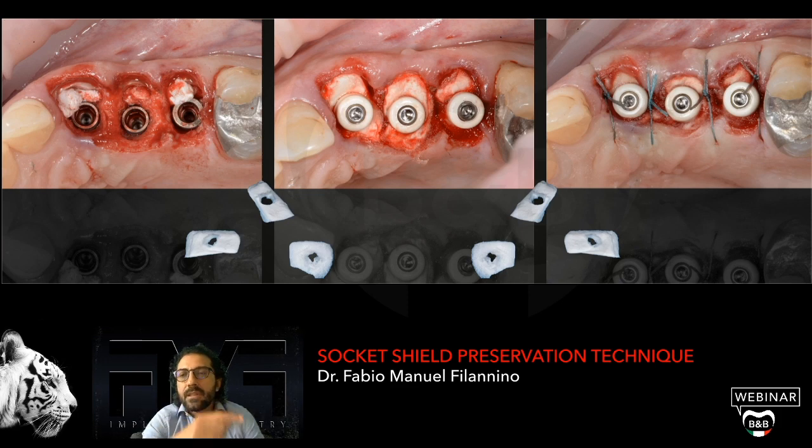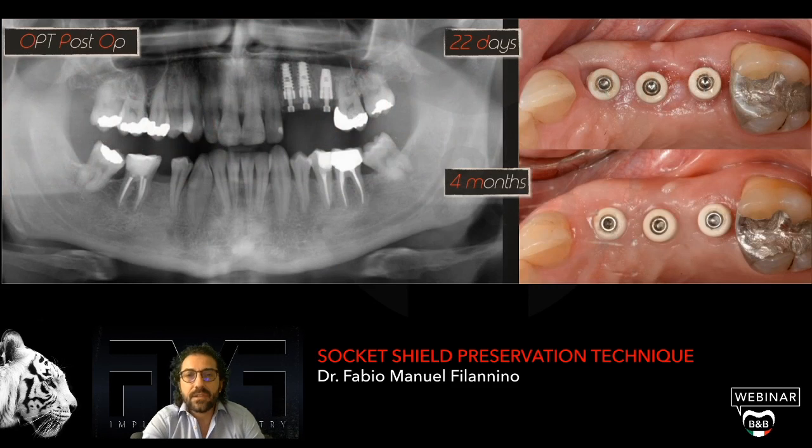And where we see now collagen, I was waiting to see in the next months new keratinized tissues. So this is the OPT post-op, and we can see the healing of the soft tissues from the first image that was taken 22 days after, and the second image that is the final healing of the soft tissues.